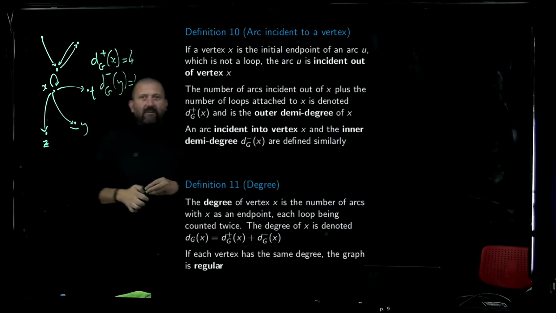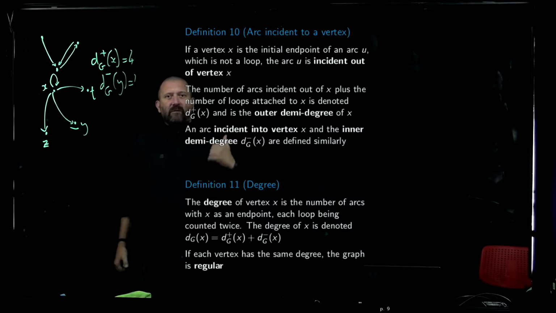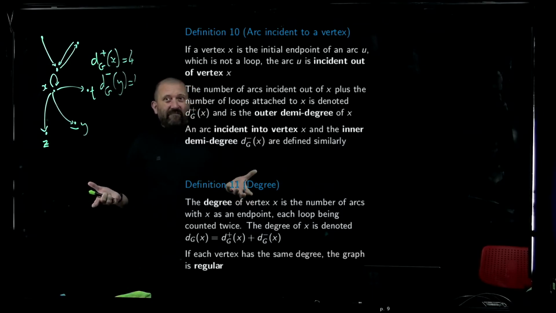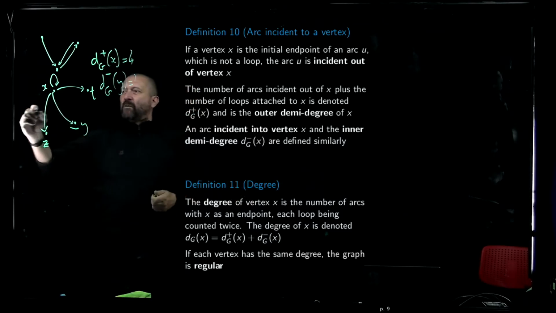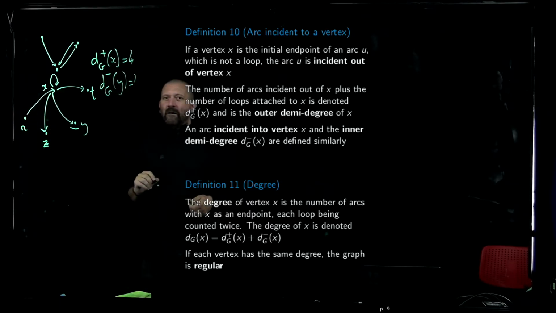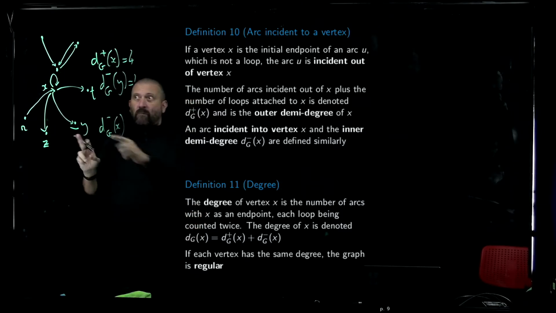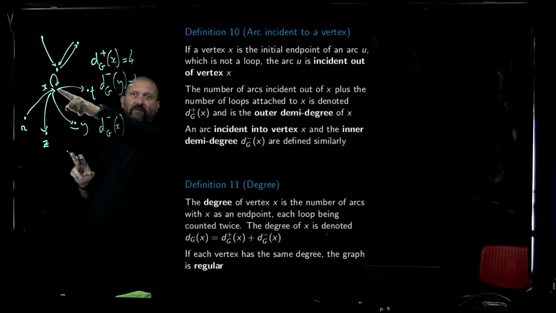And the degree of a vertex is the number of arcs that have x as an endpoint in both directions. So if I add an arc r here, then the dg minus of x here would be 2, because this is also an incident arc.